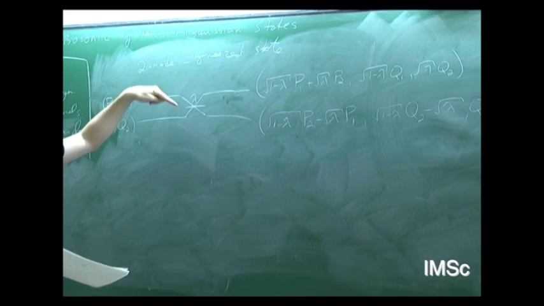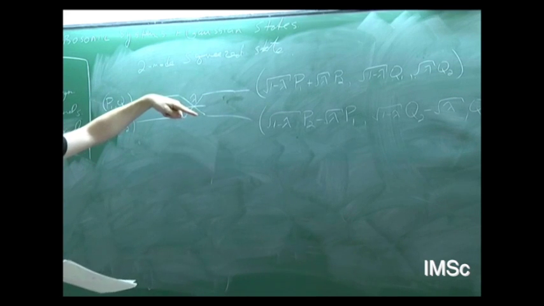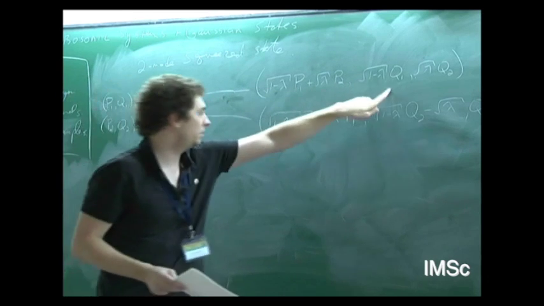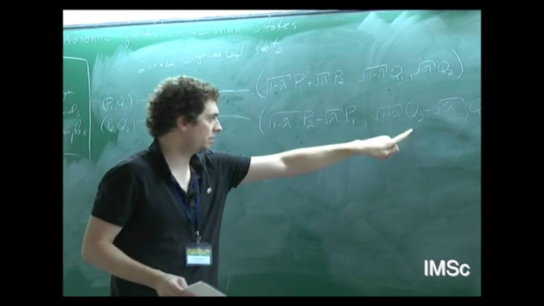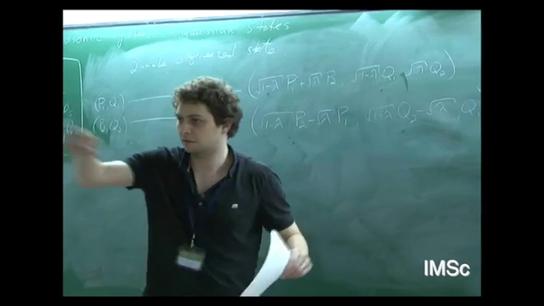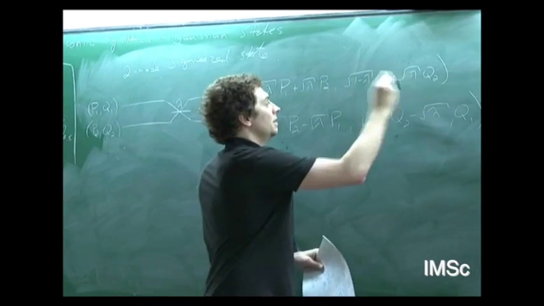OK, so let me just make sure that I get the end cases right. So if lambda equals 0, so if there's no transmission, I expect P1, Q1, P2, Q2. Fine? Oh, sorry, yes, there's a plus sign.